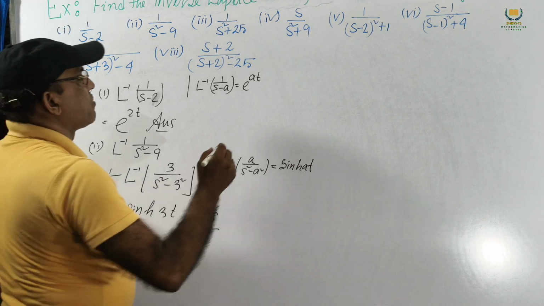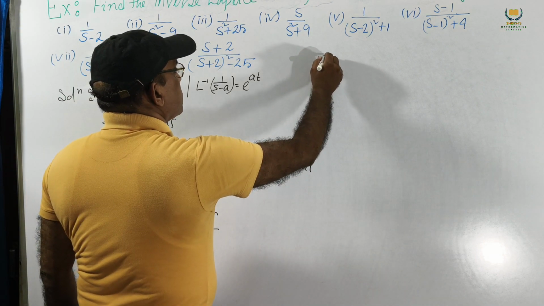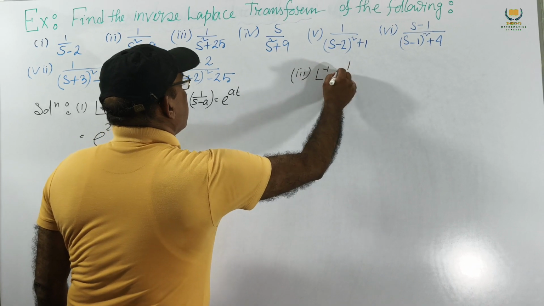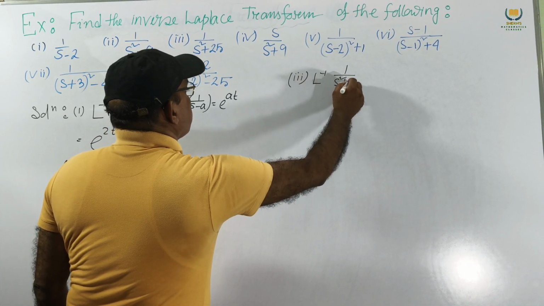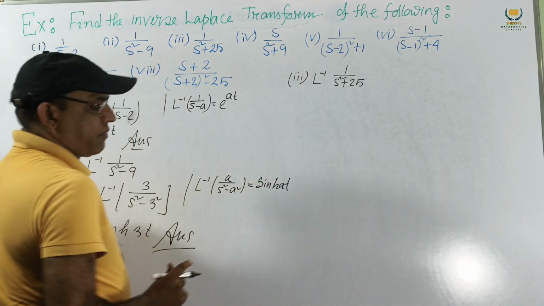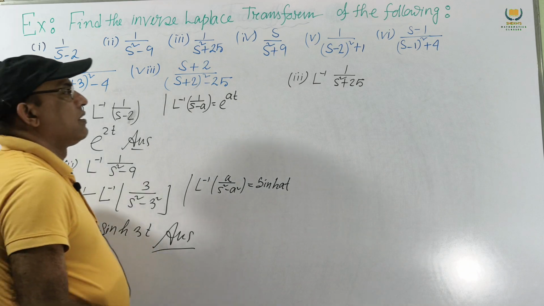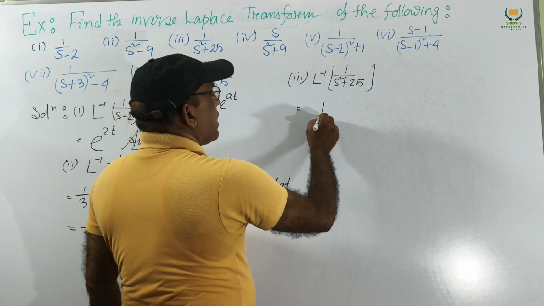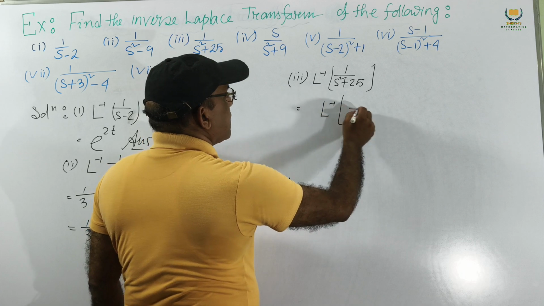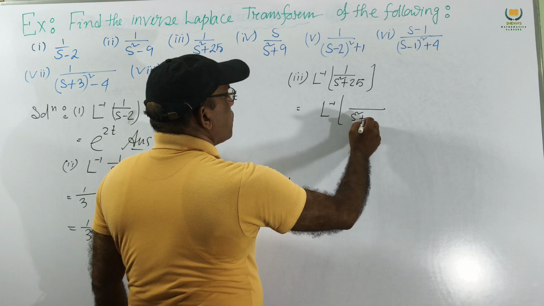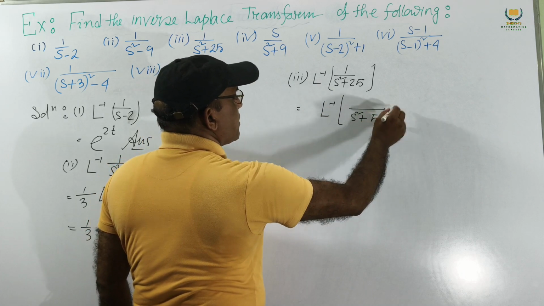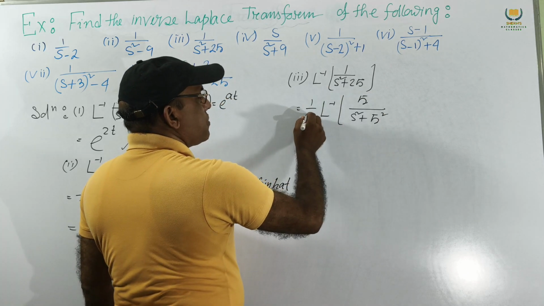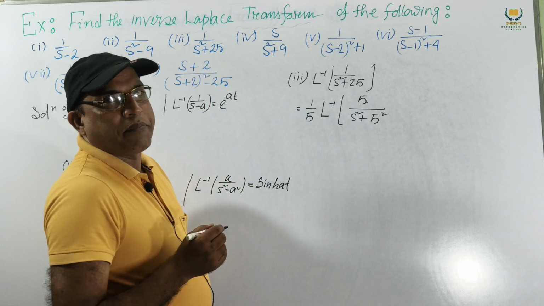Next, number 3 we consider. L inverse 1 by s square plus 25. 25 means 5 square. So we write numerator 5, here also 1 by 5.